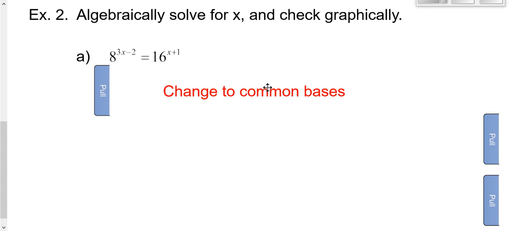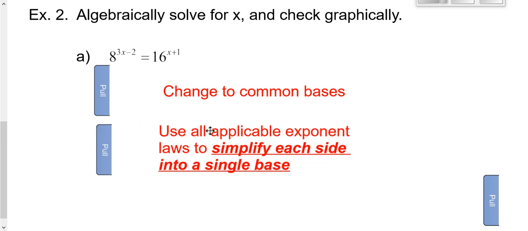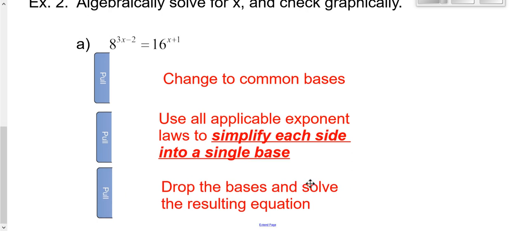They don't have the same base, so make them have the same base. How? Just like the last few questions we did. After that, use all applicable exponent laws to simplify each side into a single base. After you simplify, then drop the bases and solve the resulting equation.